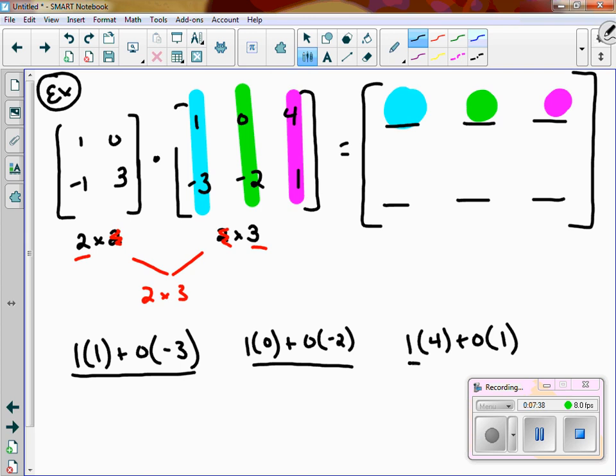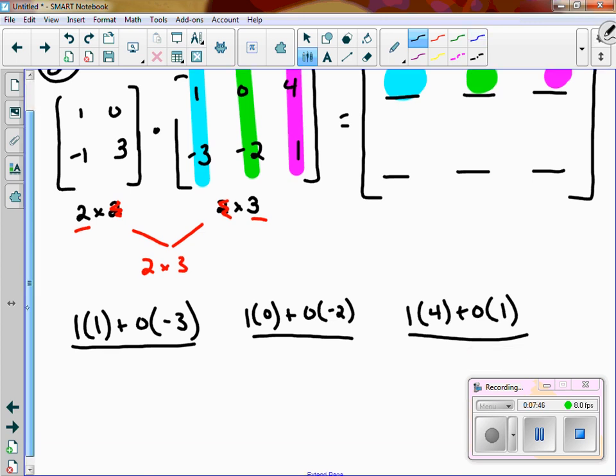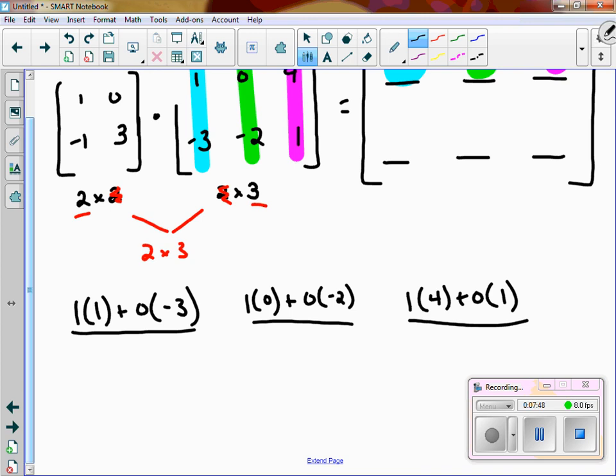All right, so I've completed now the top row, and I'm just going to keep going with that same fashion, but now for the bottom part. So I've got negative 1 times 1 plus 3 times negative 3.